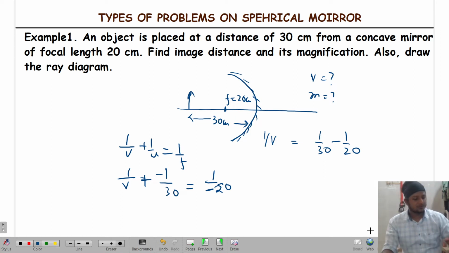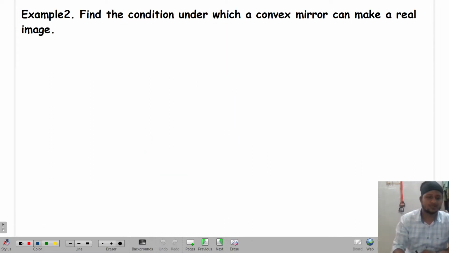Okay, now I'll start the next question. First question: find the condition under which a convex mirror can make a real image. Think about this question.